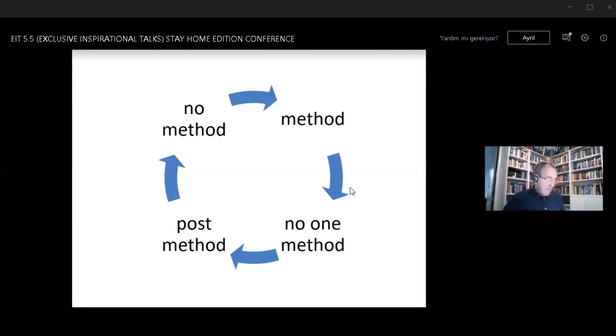And I think there's a reason for this. I think the people who write about methods, for example Jack Richards and Ted Rodgers and their Cambridge book, which is now in the third edition and doesn't look like it's going to go away, they argue that teachers are interested in methods, not because they have to follow them blindly, but because they give them recipes, techniques, procedures that they can draw on as they craft their own particular methodology.